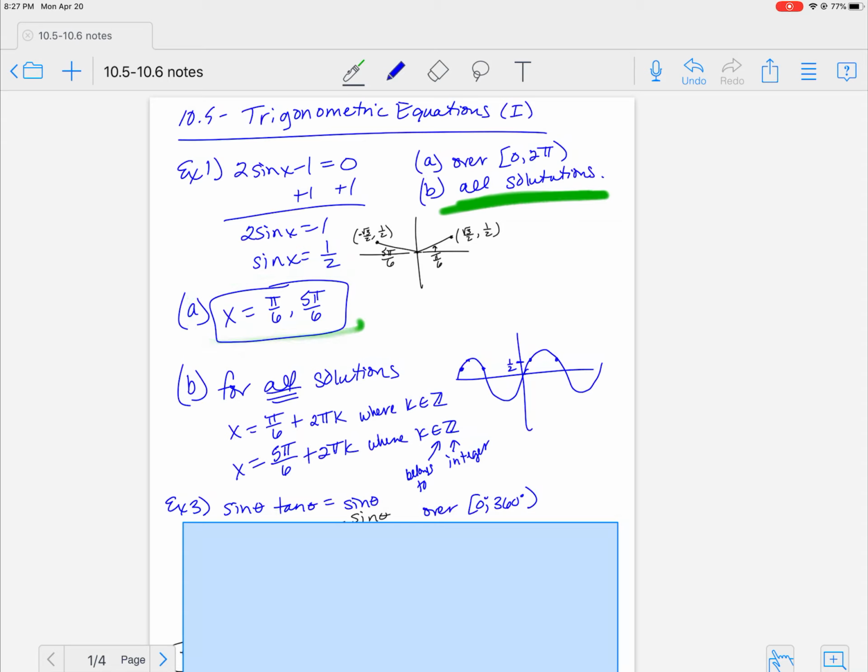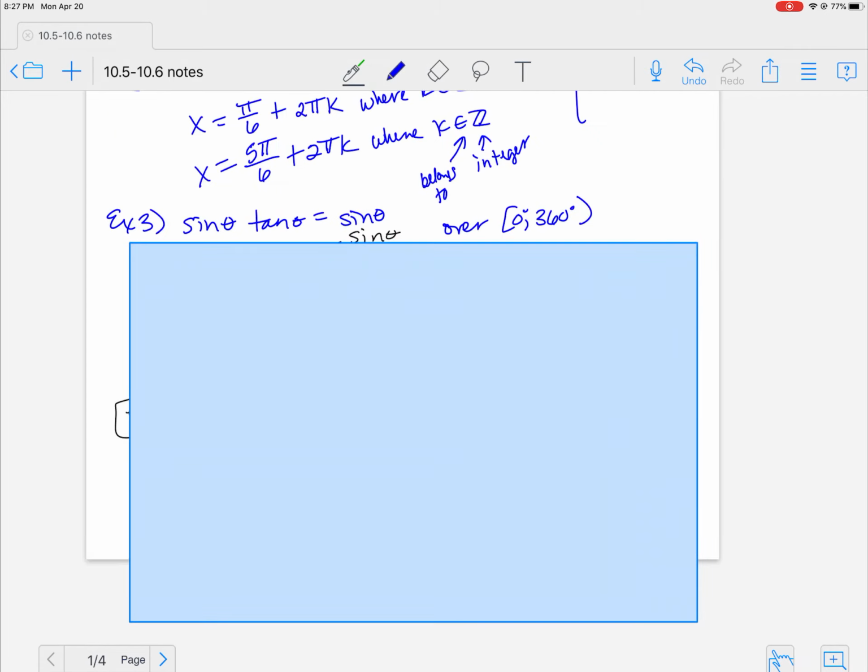If I'm saying everything possible, then I can be going on this periodic function forever, and I have to account for all of those that way. So the all solution is whenever you introduce this 2 pi into it, most likely. Now if I had a value down here, then I could just restrict it and that'd be different, but we'll cross that bridge when we get there.